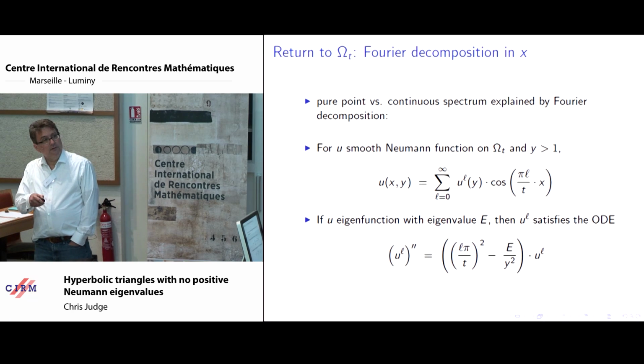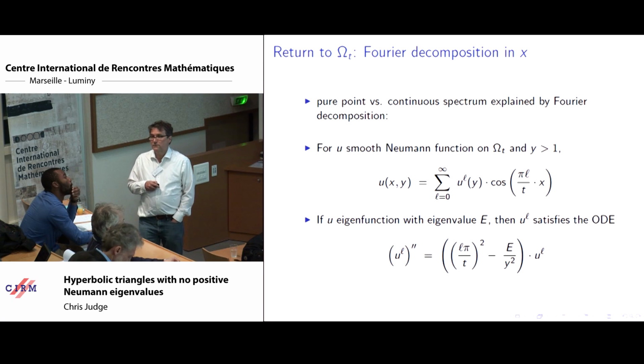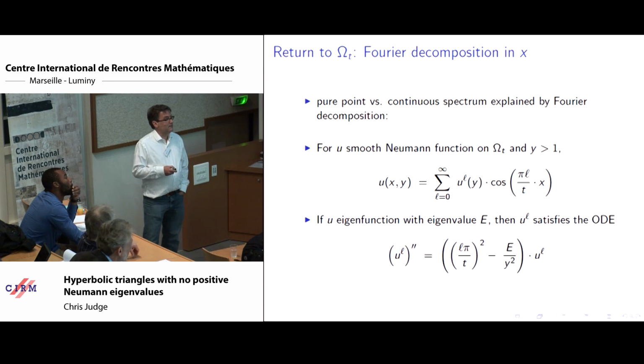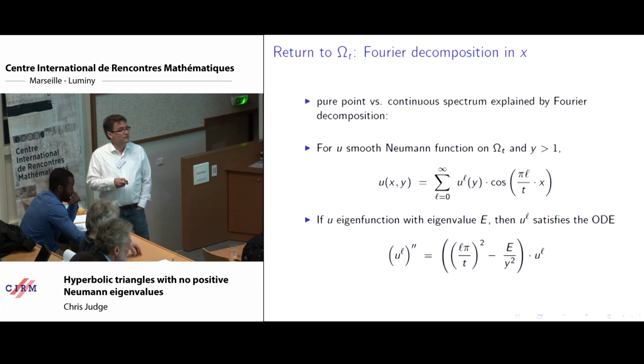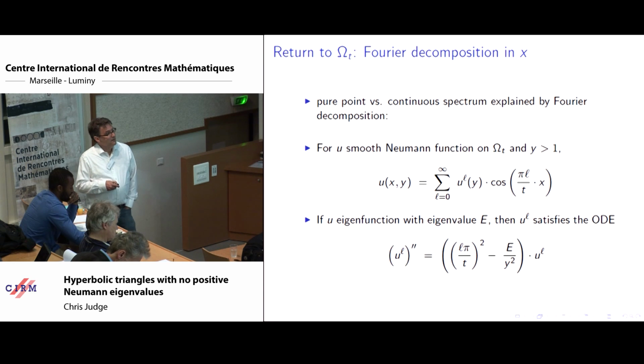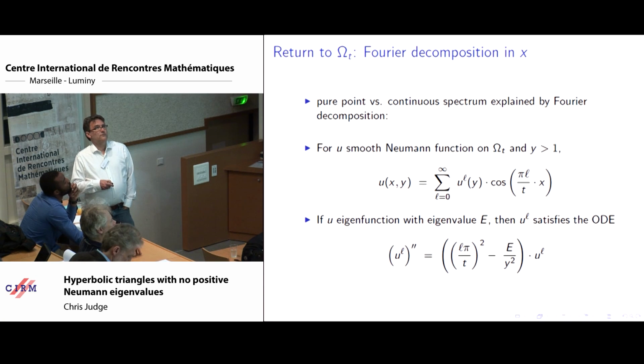So I want to point out a couple things. This actually gives rise to a classical special function called McDonald-Bessel functions or modified Bessel functions. So the solutions to this are well understood. But one feature is that y here is positive, in fact bigger than a half, but we only care about y bigger than 1.